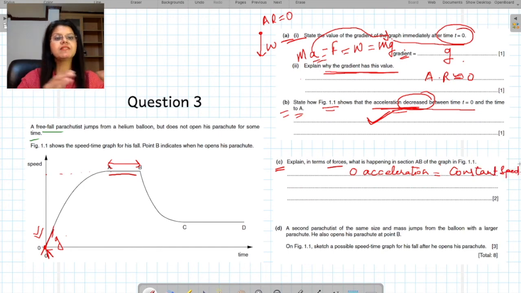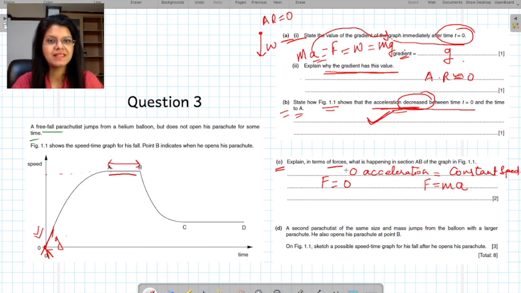Your speed is constant, you are not increasing or decreasing your speed, that means you have 0 acceleration. So therefore, force is 0, because what's the formula for force? Force is equal to ma. Acceleration, when it is 0, input the value, mass times 0, force is 0.